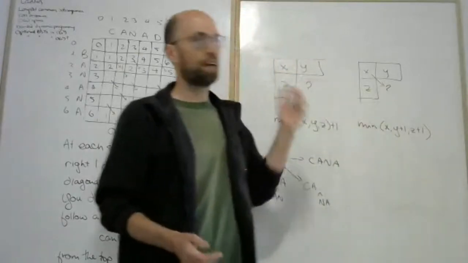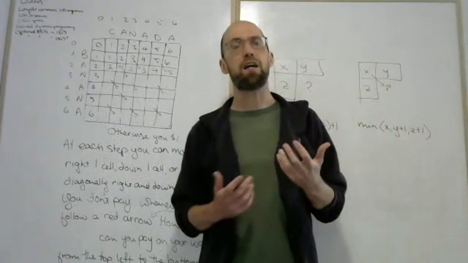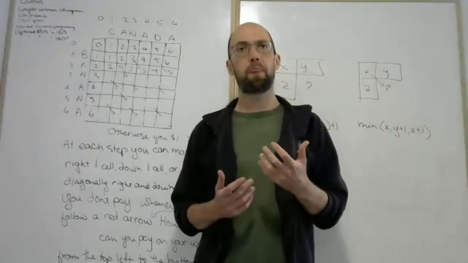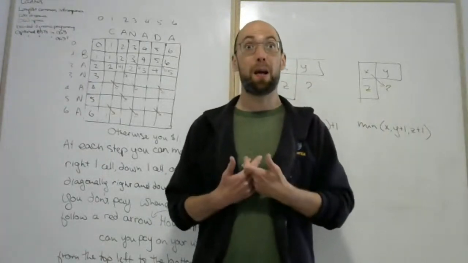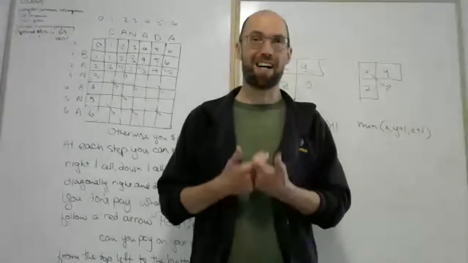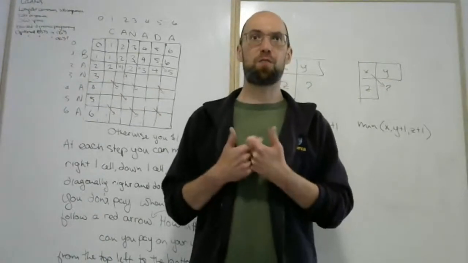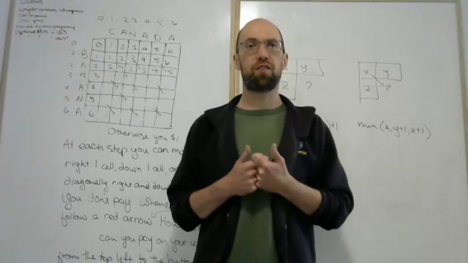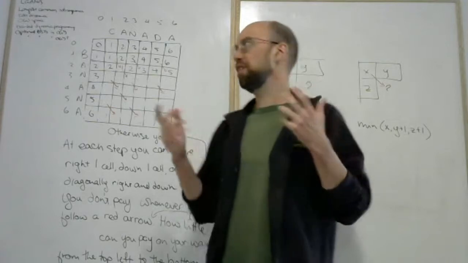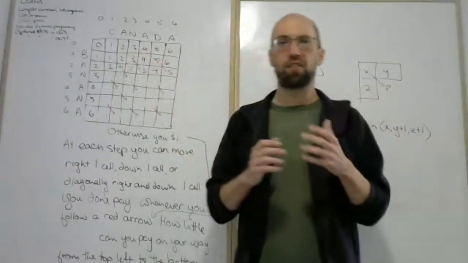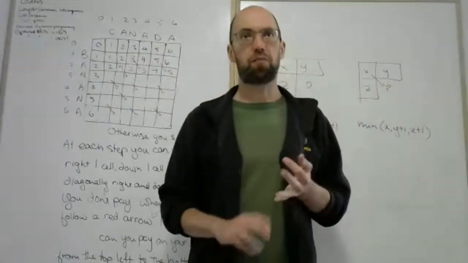These are constant, but the matrix is m by n. So in general, it's going to take order mn time and order mn space. If I fill in this matrix, it's going to use quadratic time and quadratic space.